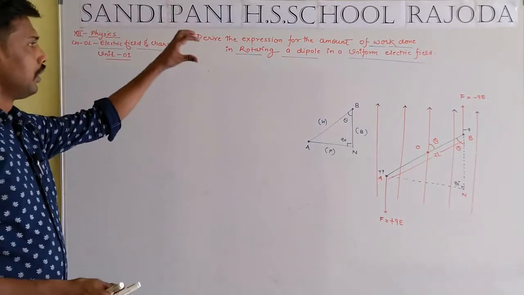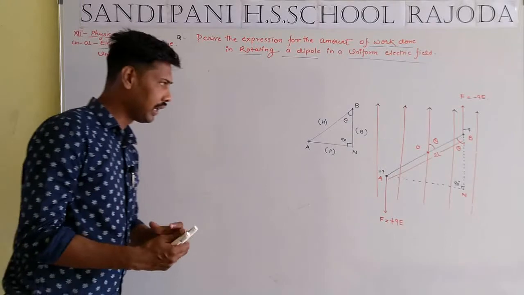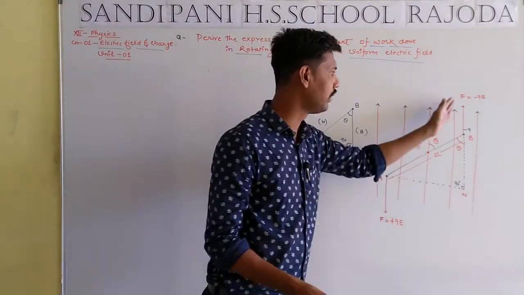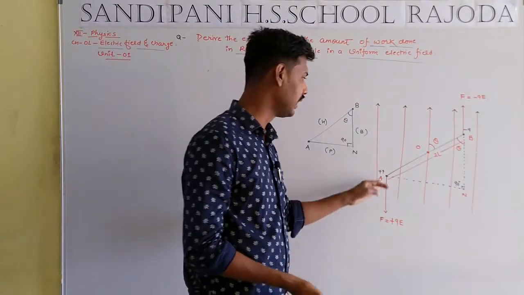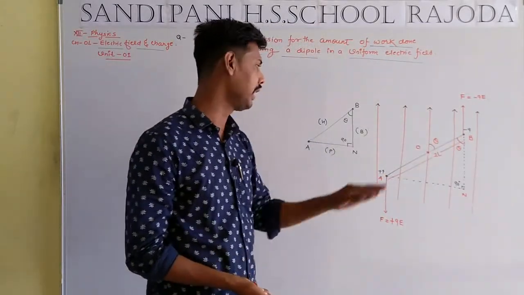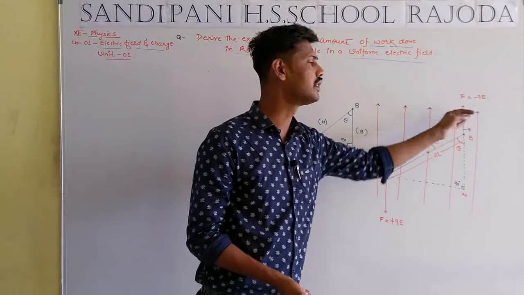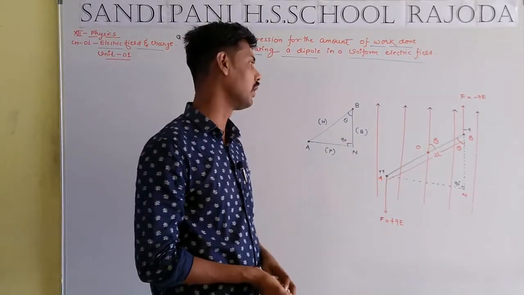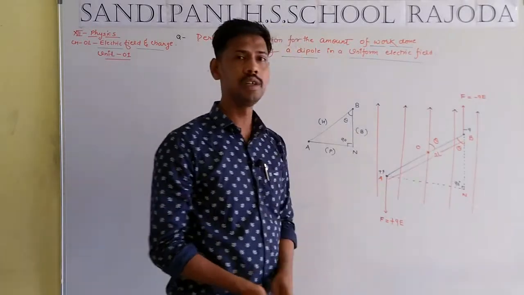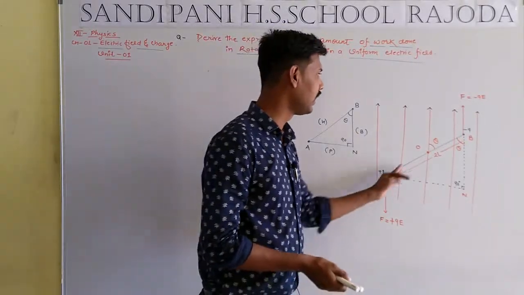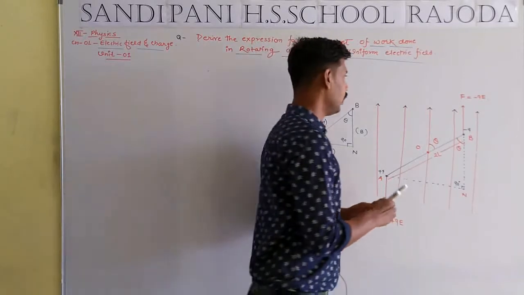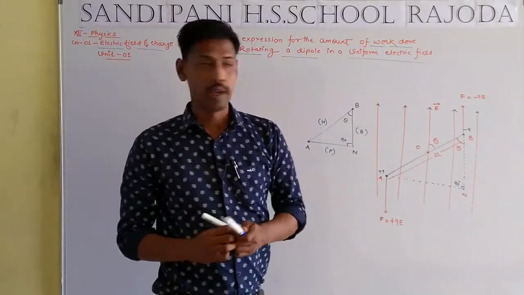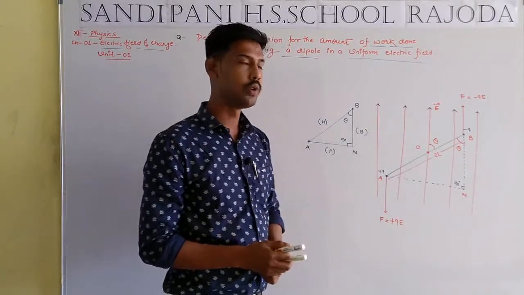Now time for derivation. Again I recall the diagram. Let me consider a uniform electric field vector E which has an electric dipole AB. A has a positive charge and B has a negative charge. The effective length of the electric dipole is 2L. Let theta be the angle made by the electric dipole with the uniform electric field vector E. The length of the electric dipole is 2L.